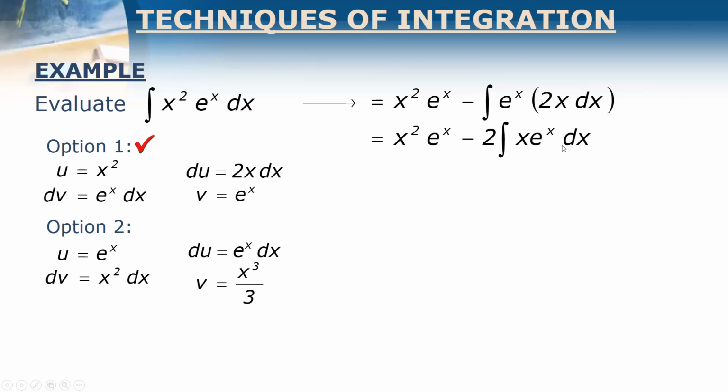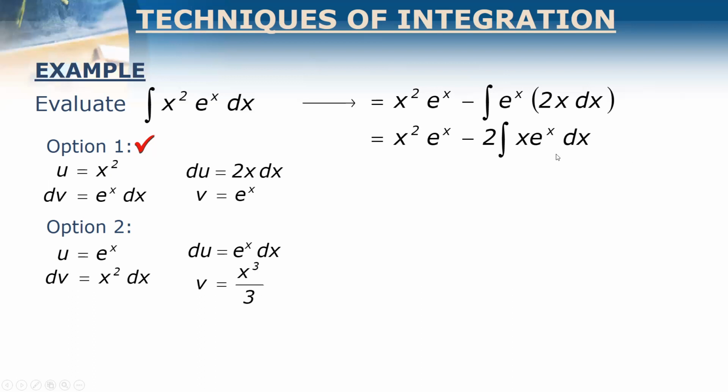Algebraic and exponential. So, sige. But then, we have an idea na our u and dv will be similar to this and not this one. Because if you use e raised to x as your u, it will result to this one, an increase of x power sa x.